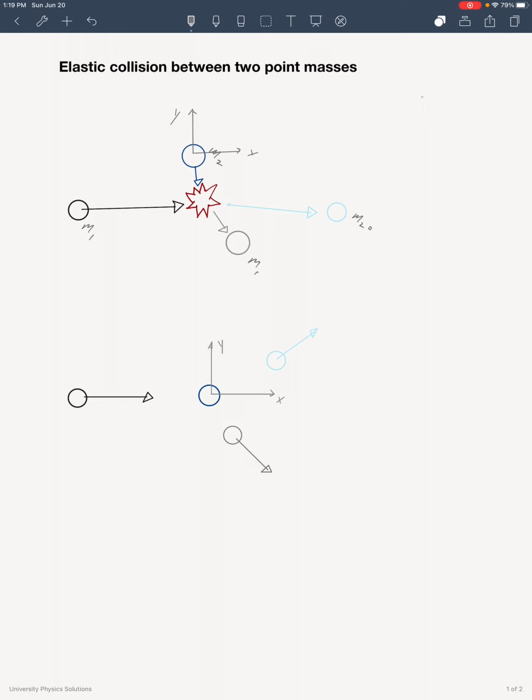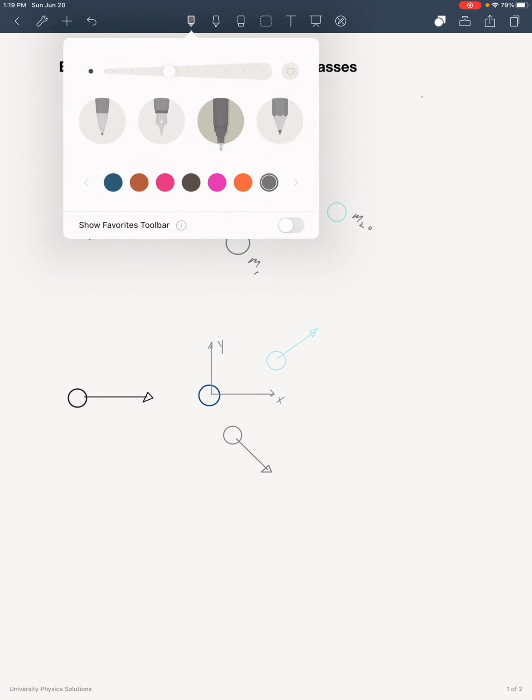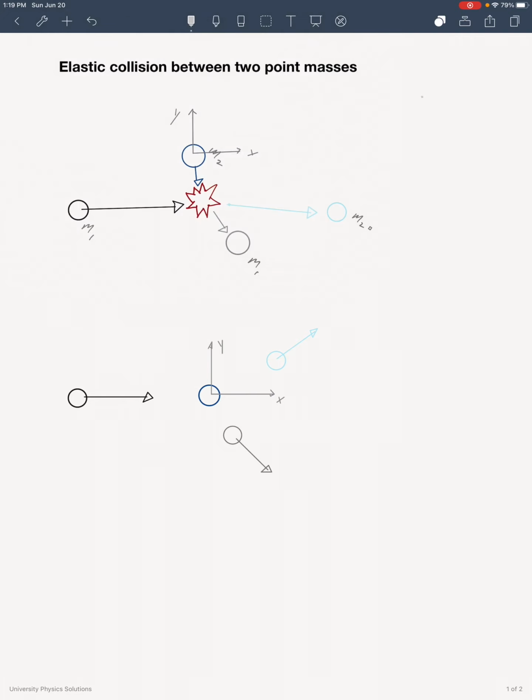And I can see then that each one of these will have a component in the X and the Y direction. So, for instance, M2 will have a component in the X direction and a component in the Y direction.